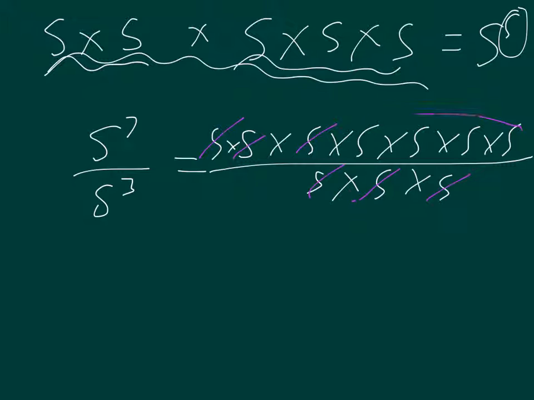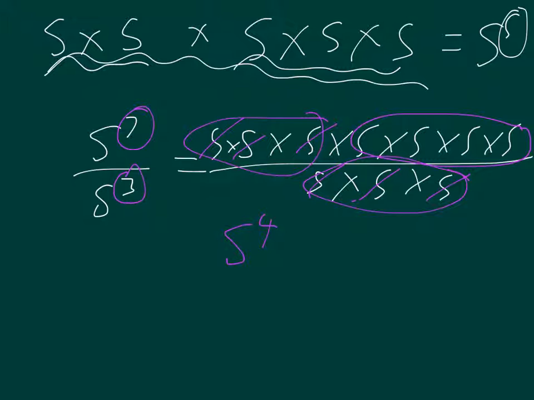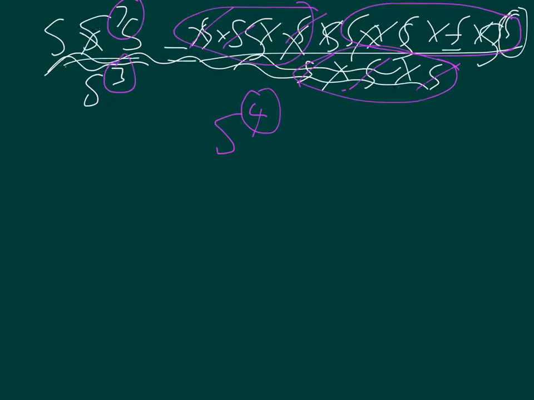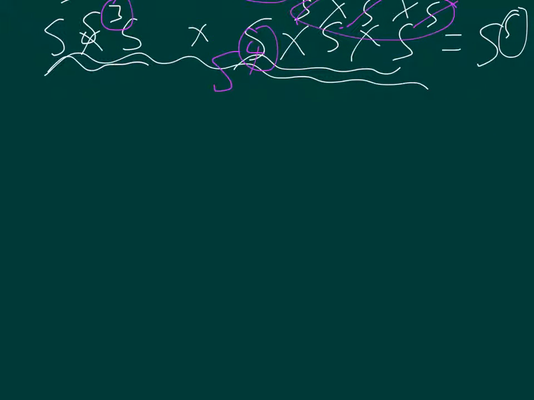And we're left with 5 to the power 4. And what's happened here is that the 3 at the bottom have cancelled with 3 at the top. In other words, these 3 have cancelled with 3 of the 7 to leave 4. And that's our second law of indices, when you divide the same base you do a subtraction.